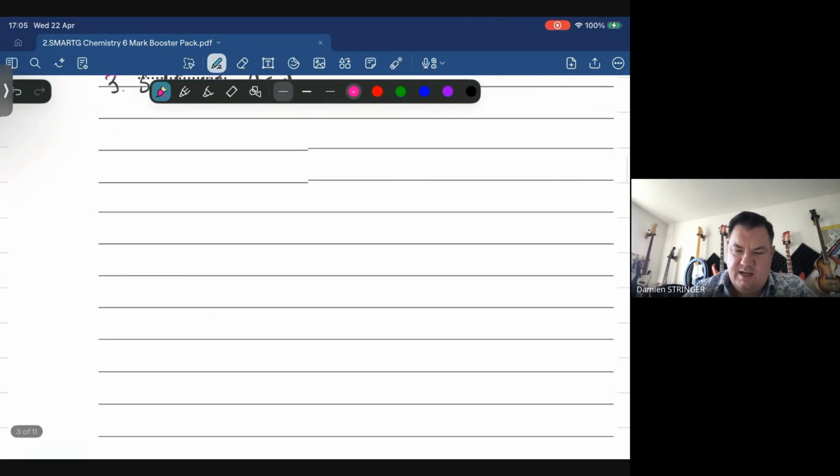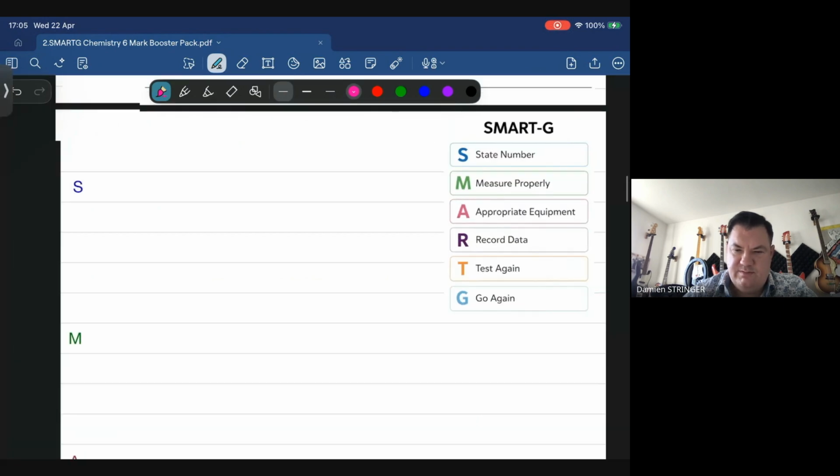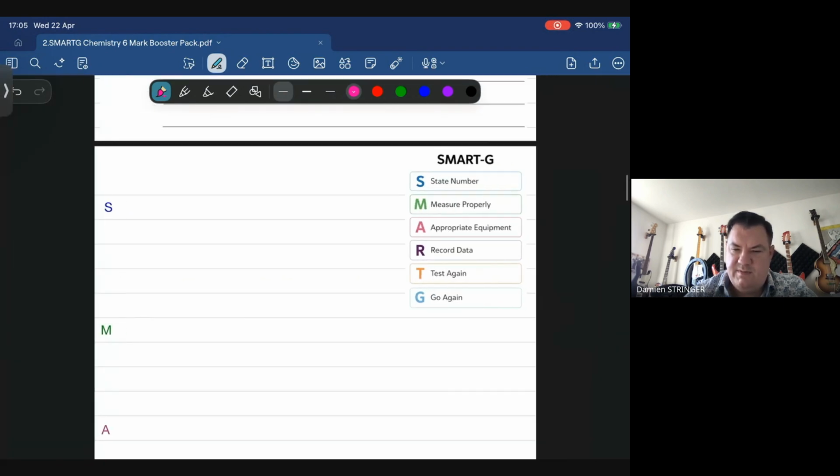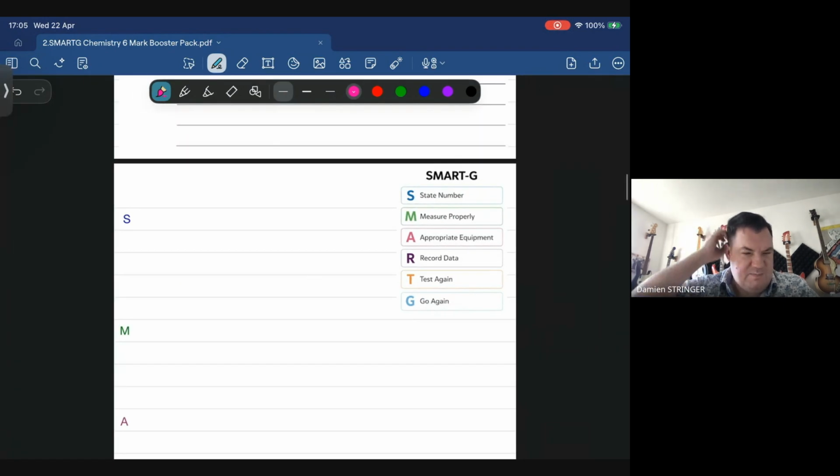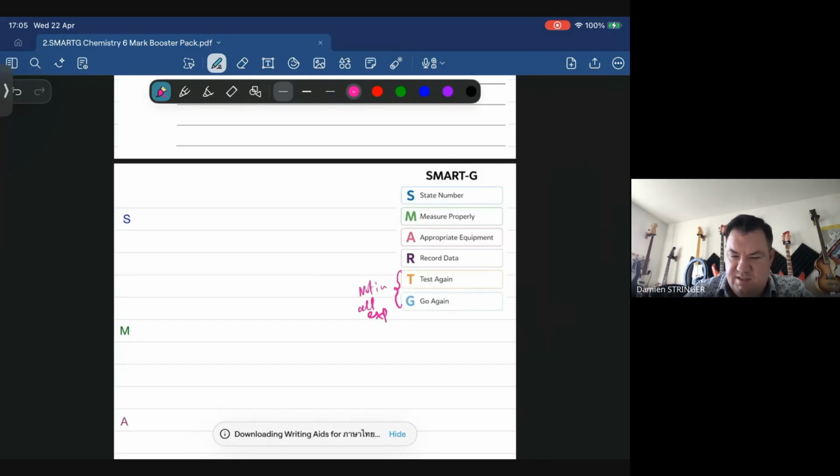Now, this is where I would go to using this method, this Smart G method. Now, some experiments will have all these things in, some will not have all of them in. And it's normally the 2 down at the bottom. So then not in all exps. I'll just put exps.